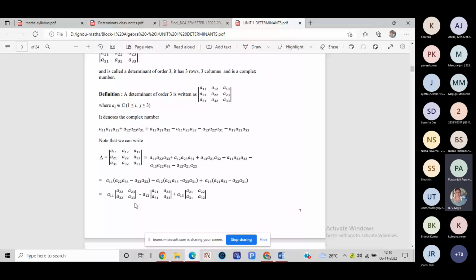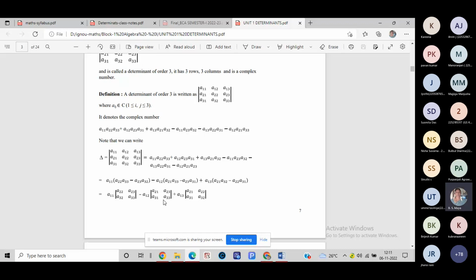Okay. Next, the first row, first column is over. You put minus. Minus of A12. Now take the middle row, middle column, and that first row with the second column, you leave it. What is the remaining term? A21, A23, A31, A33.